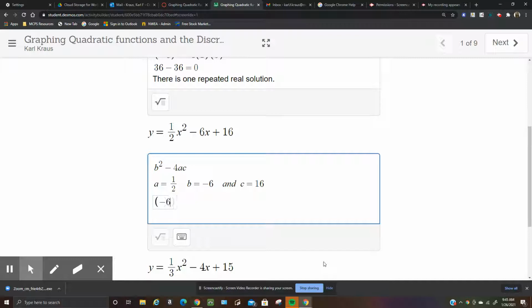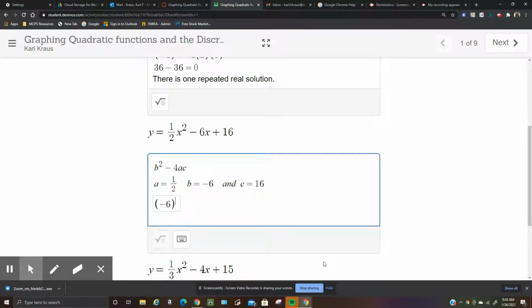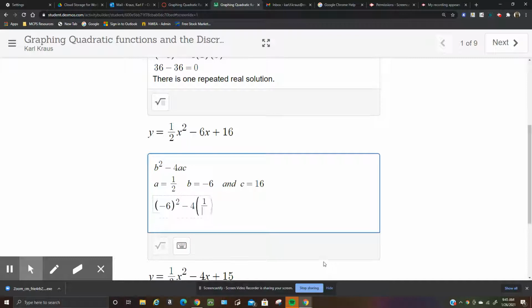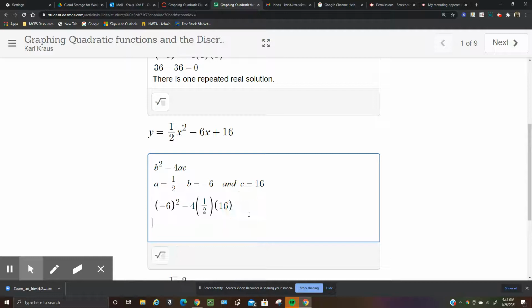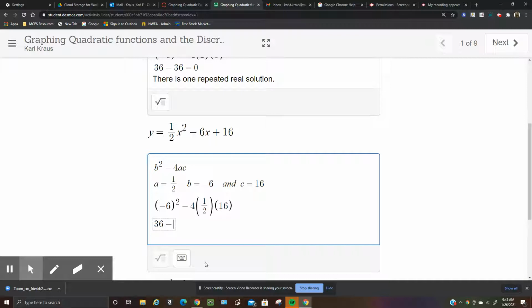Negative 6 squared is 36, minus 4 times 1/2, which is 2, times 16 is 32.